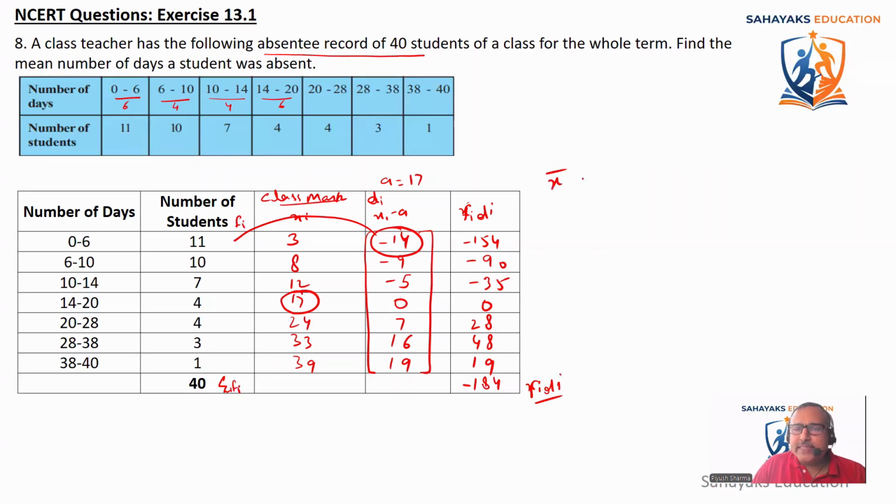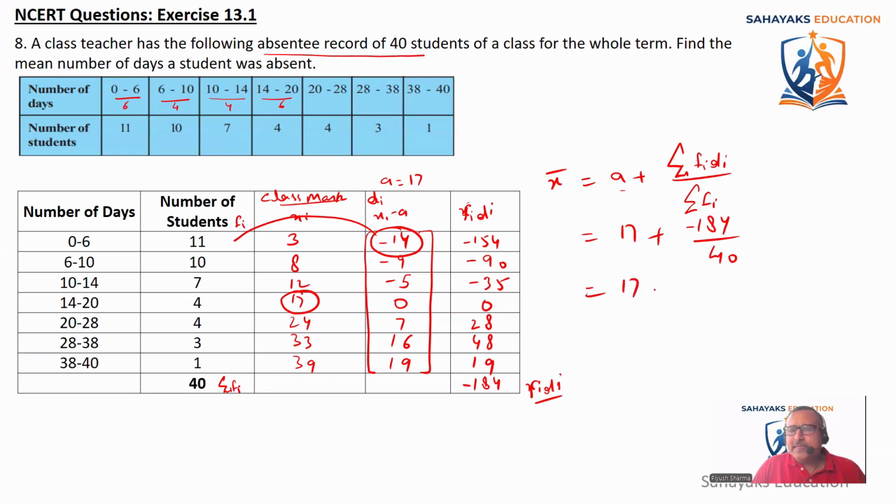The formula comes out to be x bar is equal to a plus sigma fi di divided by sigma fi. We considered a as 17, plus sigma fi di comes out to be minus 184, divided by sigma fi, which is 40.